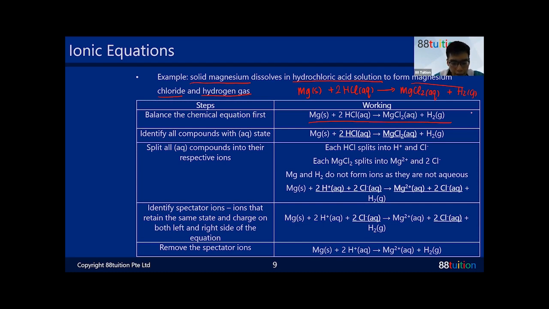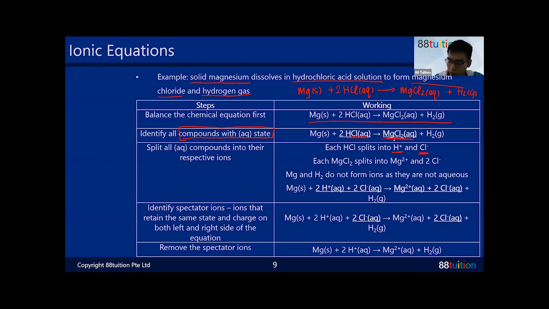The second step is to identify all the compounds with aqueous state. Why? Because compounds in aqueous state don't exist like that. For example, when you dissolve HCl in water, it doesn't stay together as HCl. It splits up into H+ and Cl-. Same thing for MgCl2. This is an ionic compound, so when you dissolve it in water, the ions are torn apart and no longer stay in their crystal lattice structure.